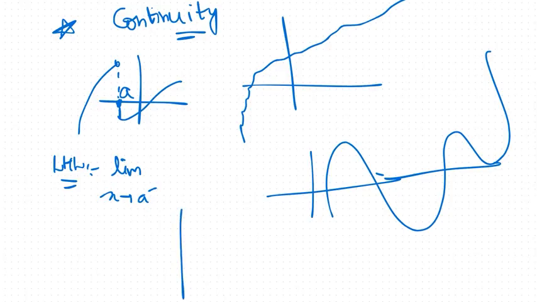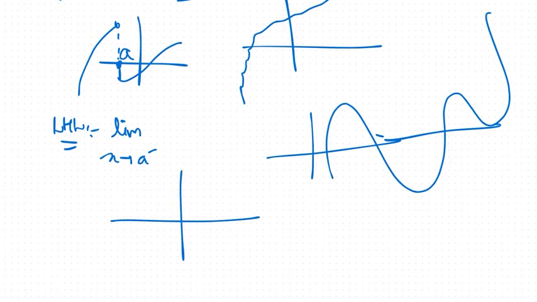See, let's say the function value will be 2, this will be minus 2. This is minus 2, this is plus 2, okay? The graph is like this.